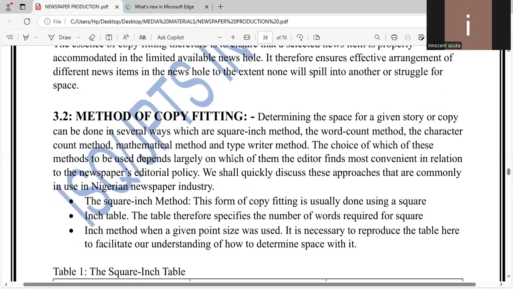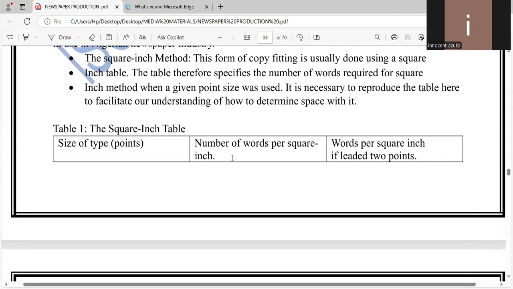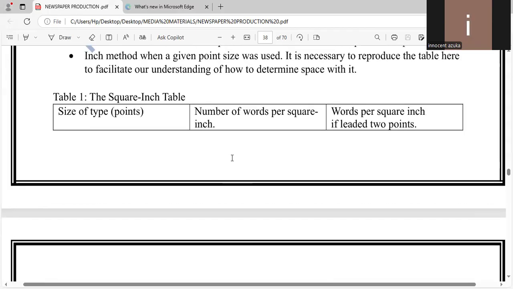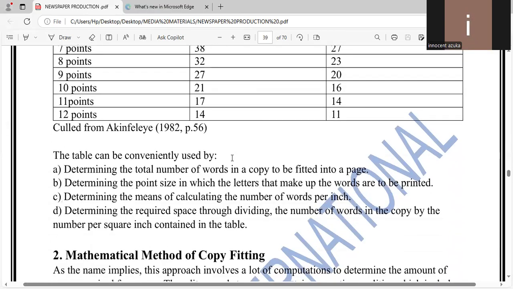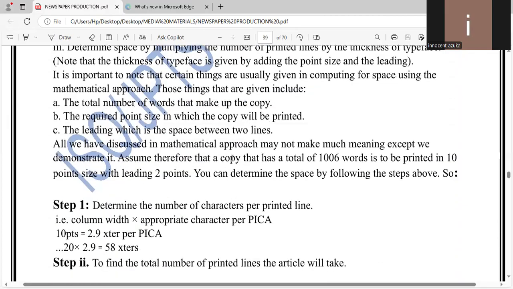Method of copy fitting: determining the space for a given story or copy can be done in several ways. Now you must consider the size of the type you want, the number of words per square inch, and words per square inch if leading is 10 point or so. So you must consider all this in your copy fitting.